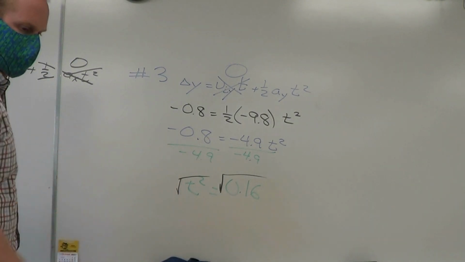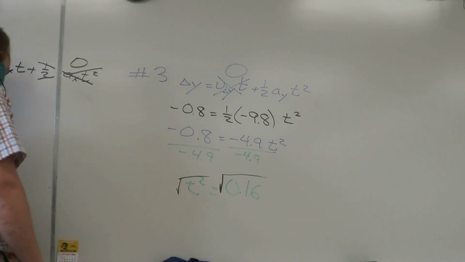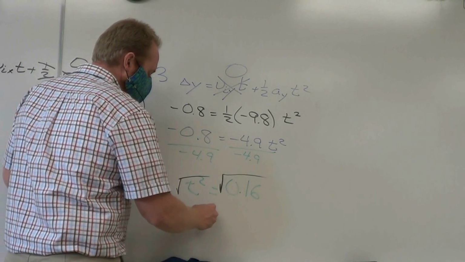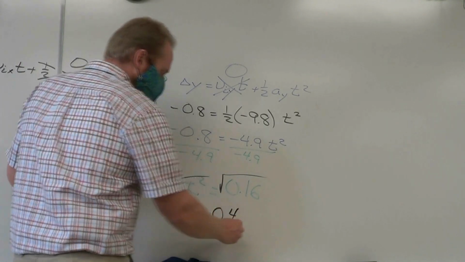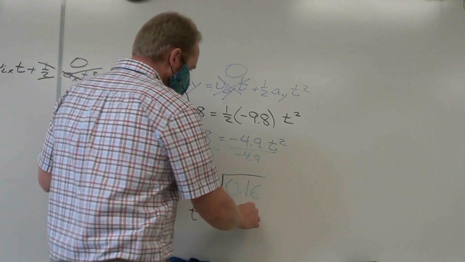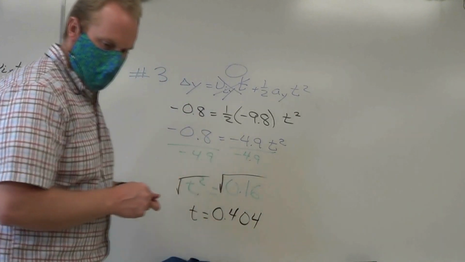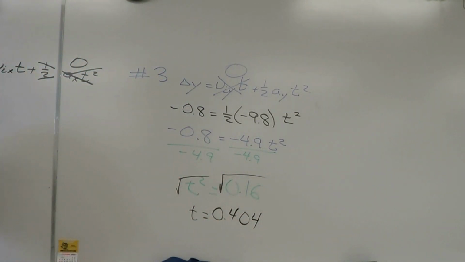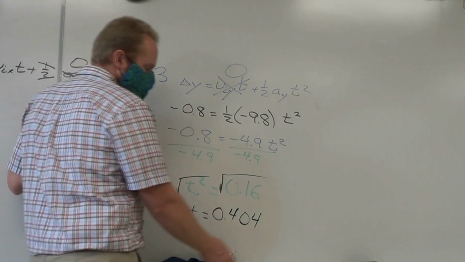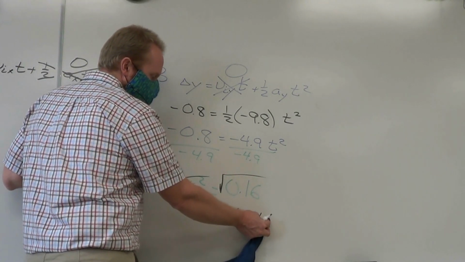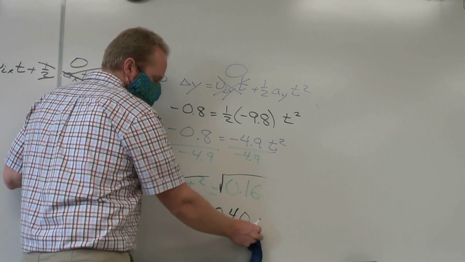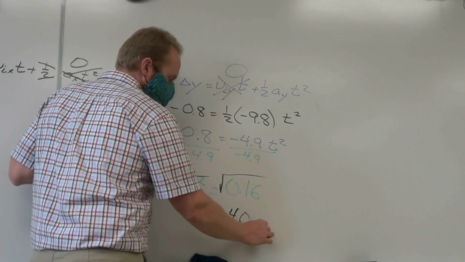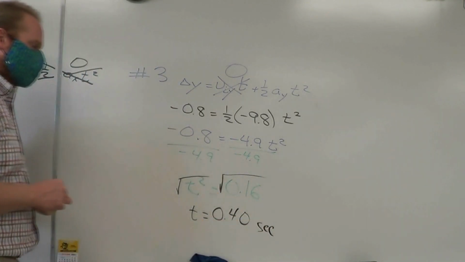And we can use every single decimal that that calculator stored, and I can say that my t is equal to 0.404061018 seconds. Okay? So again, I get lazy and I only write 2 decimals.